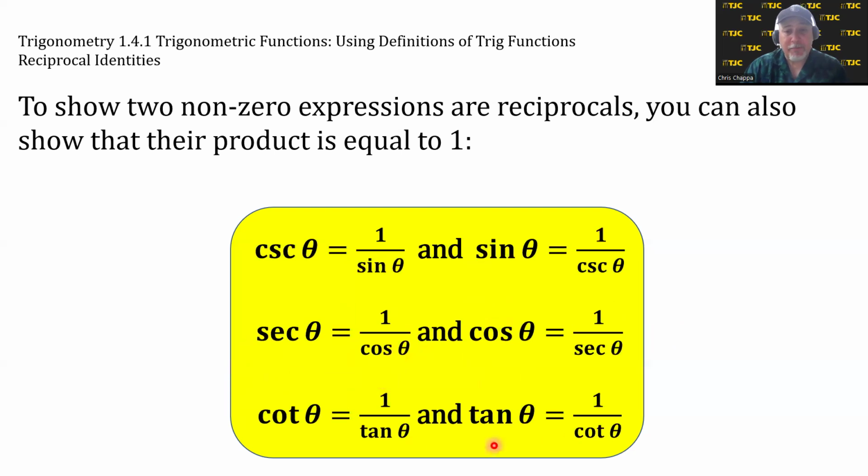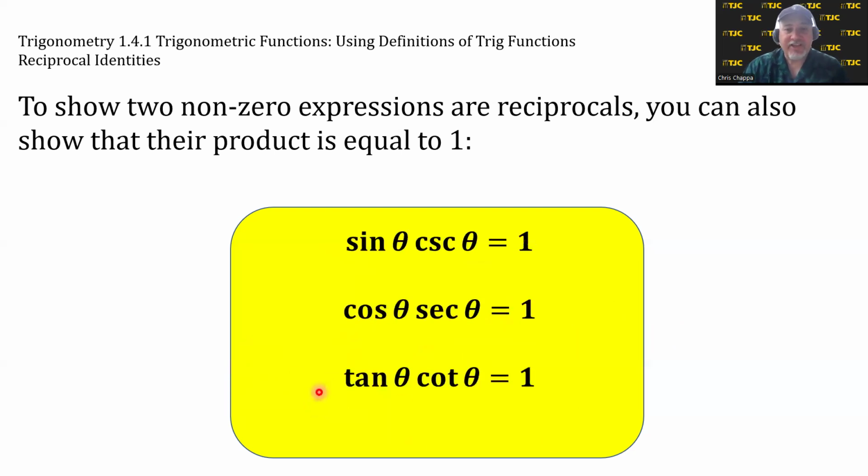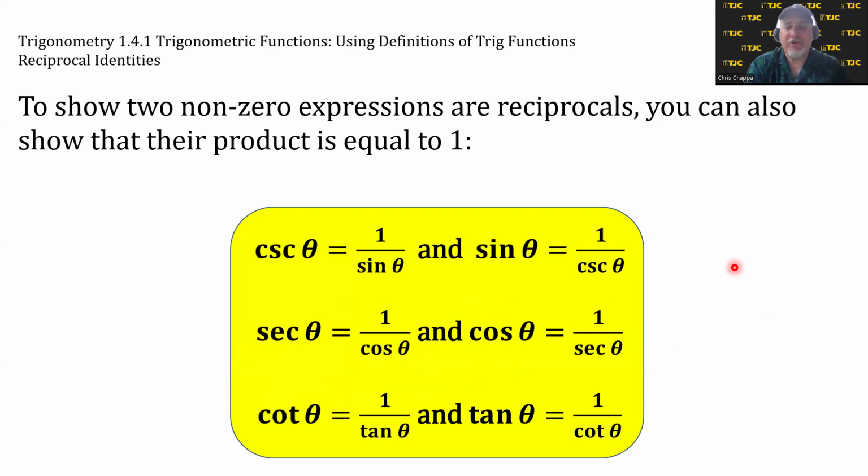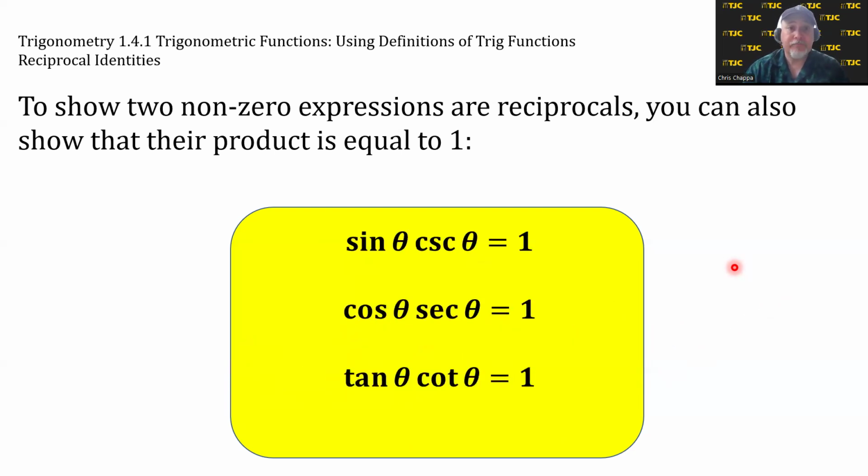And we can replace the bottom 2 with tangent theta times cotangent theta is equal to 1. So whether you choose to remember your reciprocal identities as products equal to 1, or as one trig function is the reciprocal of the other, you need to know all of them.